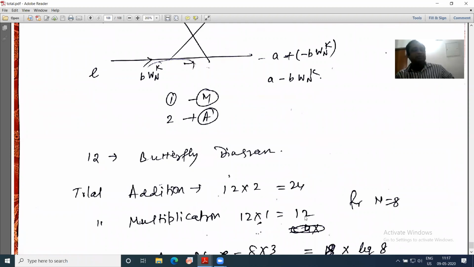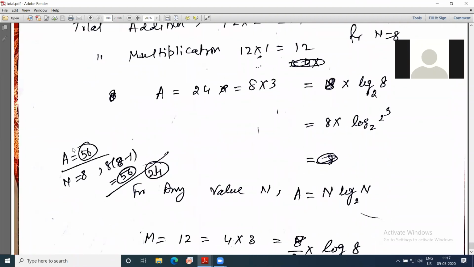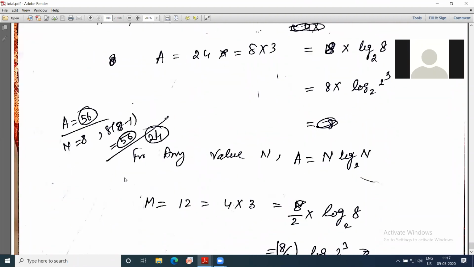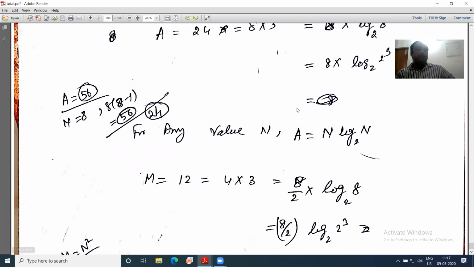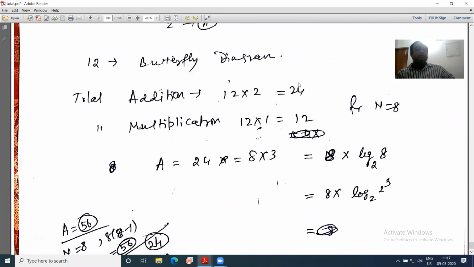Total multiplication is 12. So for 8-point direct computation, what was it? Total addition was 56, 8 into 8 minus 1, and total multiplication was 64. So it is reduced. Using this algorithm, the number of additions is reduced from 56 to 24 and the number of multiplications is reduced from 64 to 12.